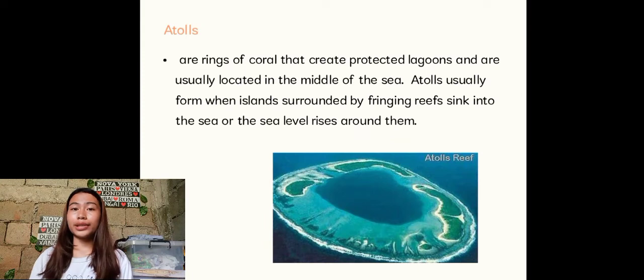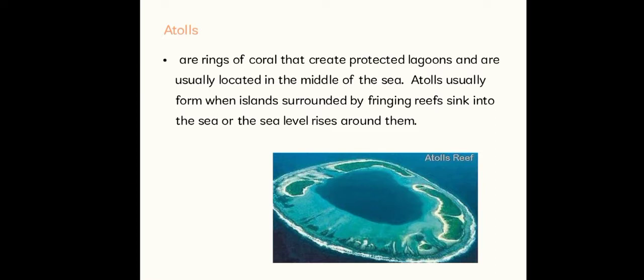Next are the atolls. Atolls are rings of coral that create protective lagoons, and they're usually located in the middle of the sea. Atolls usually form when islands surrounded by fringing reefs sink into the sea or the sea level rises around them. You can see below an image of atolls. Bikini in the Pacific Ocean is an example of an atoll.